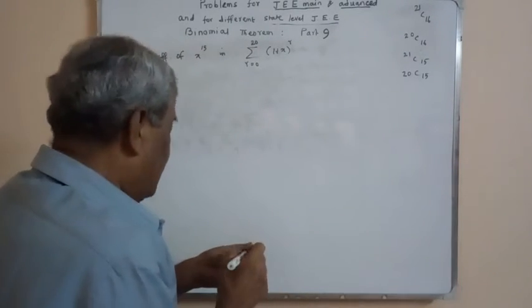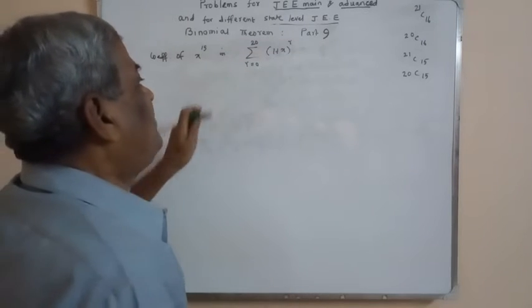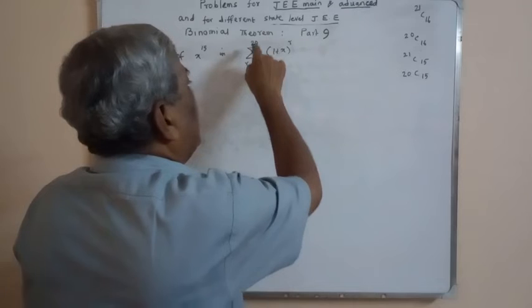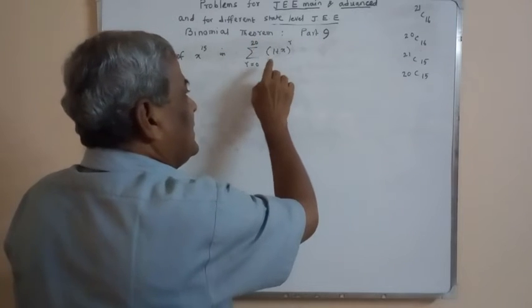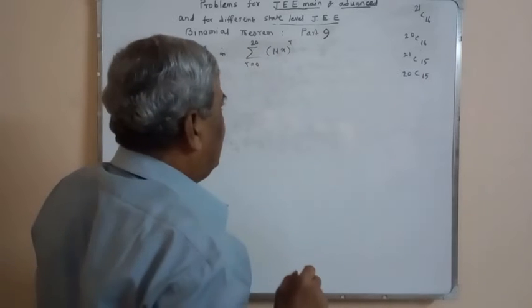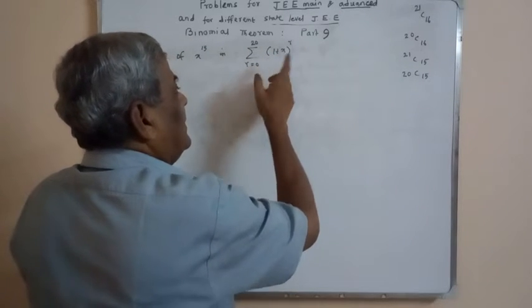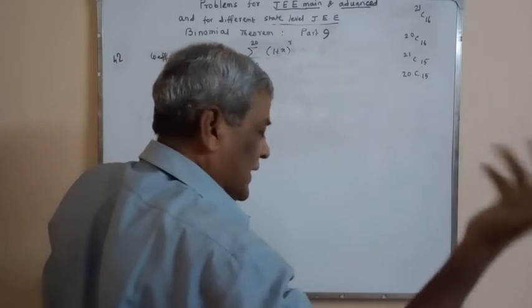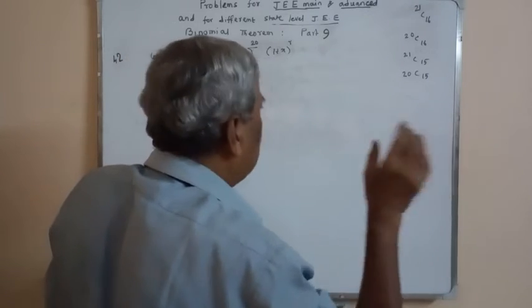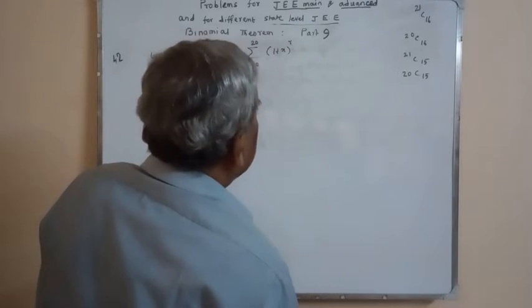Problem is straightforward. A series is given. It has 21 terms. The first term is (1 plus x) to the power 0, that is 1. Second term is 1 plus x to the power 1. Then (1 plus x) square, then (1 plus x) whole cube, up to (1 plus x) to the power 20.